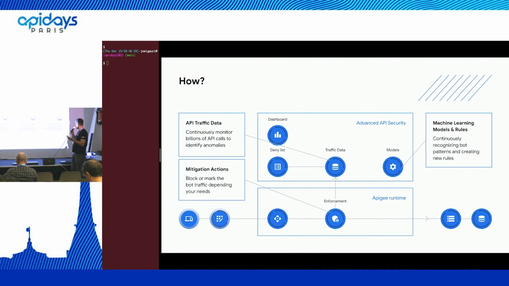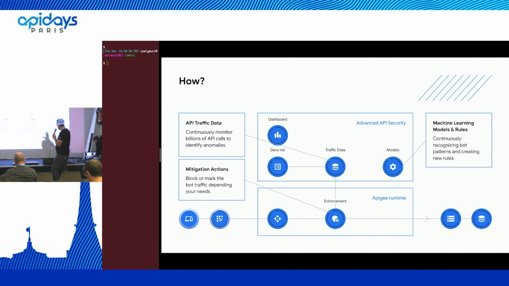There's a lot you can configure, but it's pretty basic. It's what every customer should do at least: threat protection, access control, and validating the spec so that code that does not respect the specification does not go to the backend.